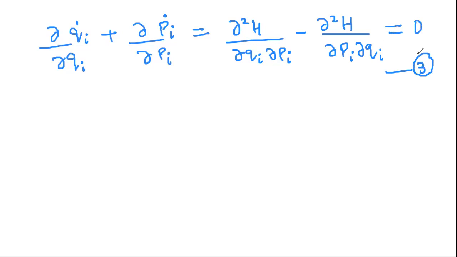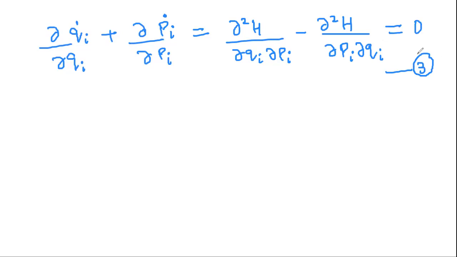In the last lectures, dou by dou qi of qi dot plus dou by dou pi of pi dot is equal to dou 2H by dou qi dou pi minus dou 2H by dou qi dou pi. Actually, we used Hamilton's equations of motion.